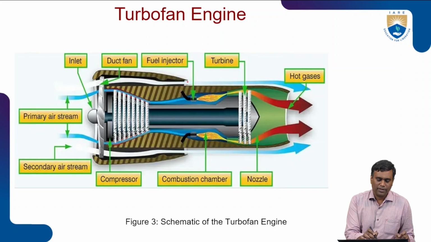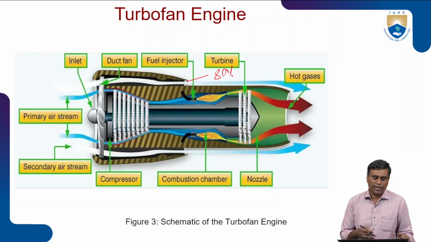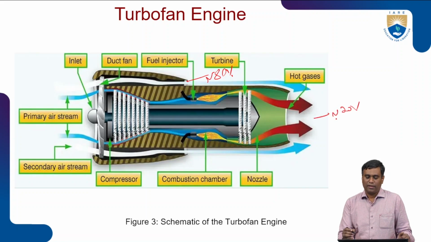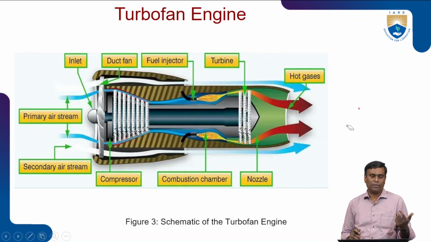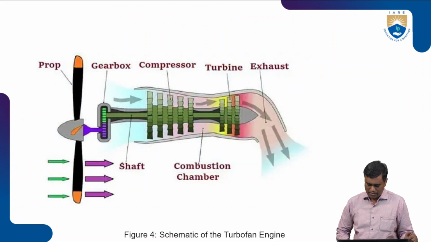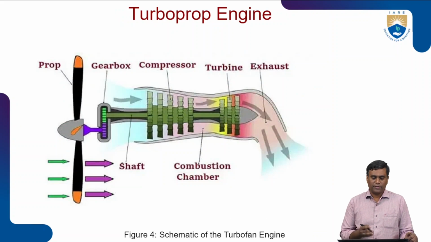And we have seen, here through this bypass air, 80% of the thrust is generated. Here, approximately 20%. And we have again recapped the different types, high bypass, low bypass, and so on. Different types are there in turbofan. Both are advised for high speed and high altitude applications. And this is the schematic of the turboprop engine.